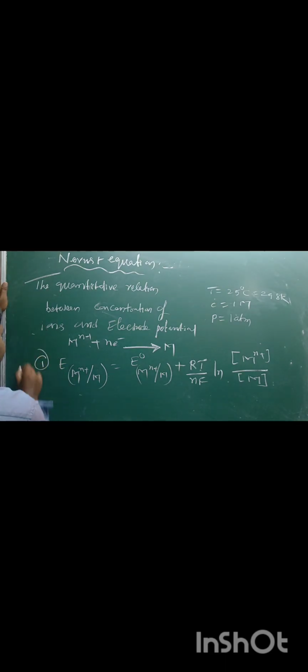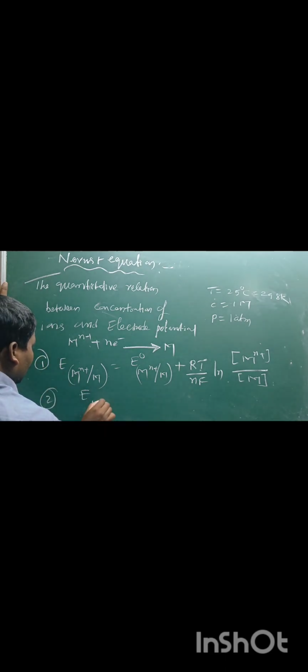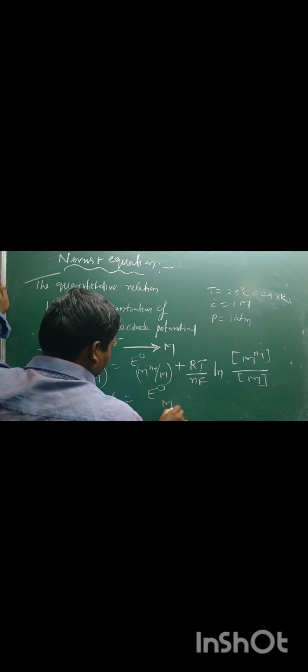One more way: electrode potential of M n plus by M is equal to standard electrode potential of M n plus by M minus RT by nF ln concentration of M by concentration of M n plus ions, where R is the universal gas constant, T is absolute temperature, n is the number of electrons involved in the reduction, or simply the number of electrons gained, and F is Faraday's constant, 1 Faraday is equal to 96,500 coulombs.